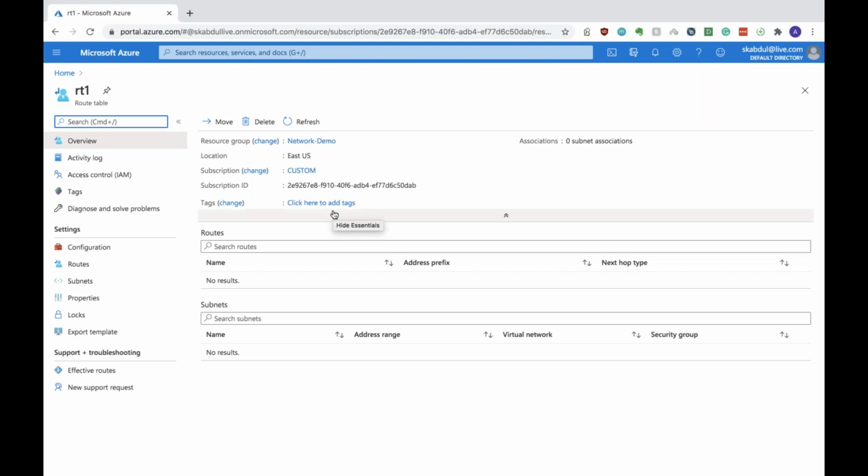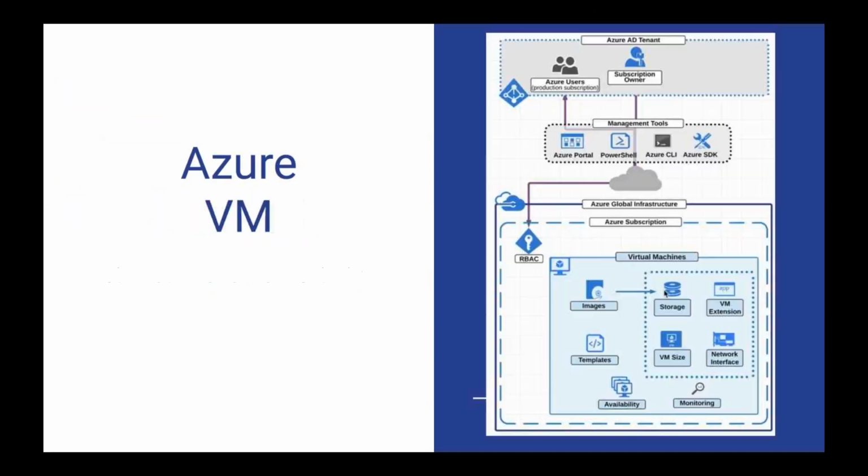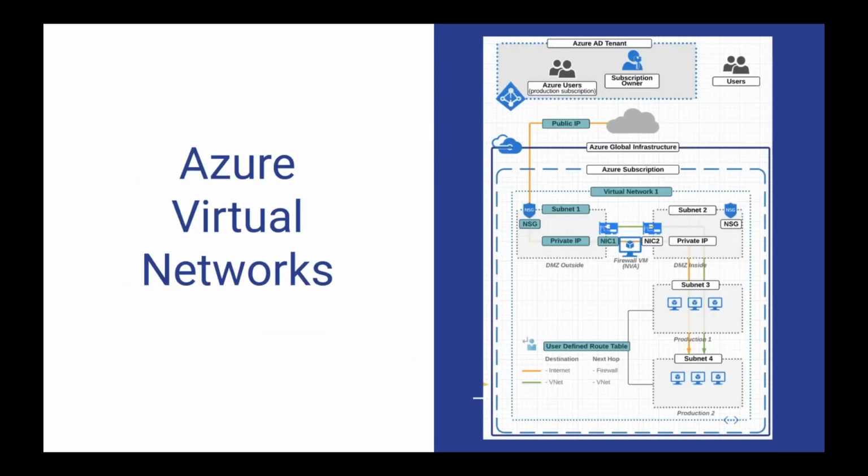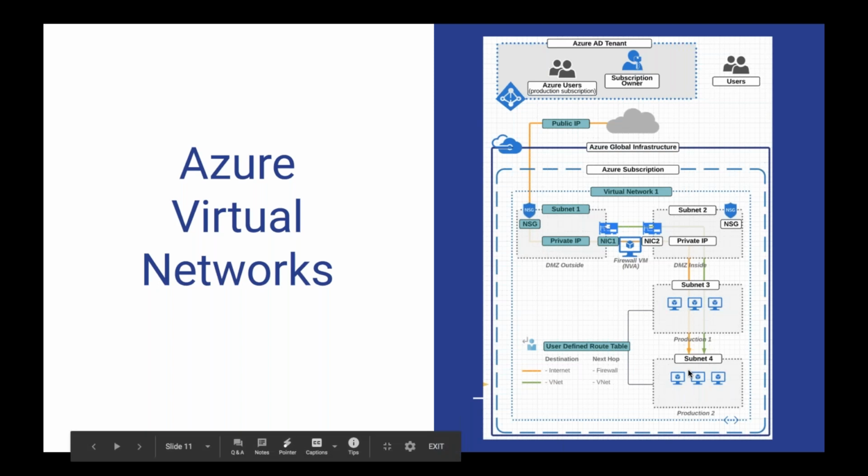Now, these route tables are the way you control how packets travel across your virtual network. If you take this networking diagram, this is a subnet: subnet 1, subnet 2, subnet 3, and subnet 4.